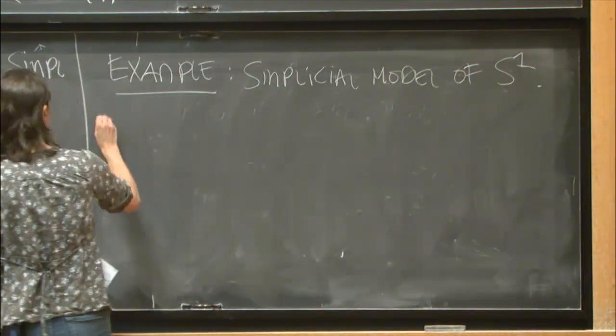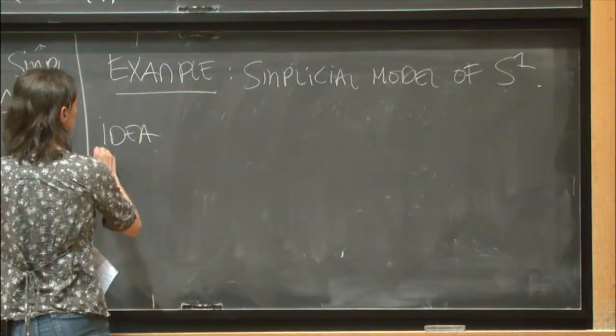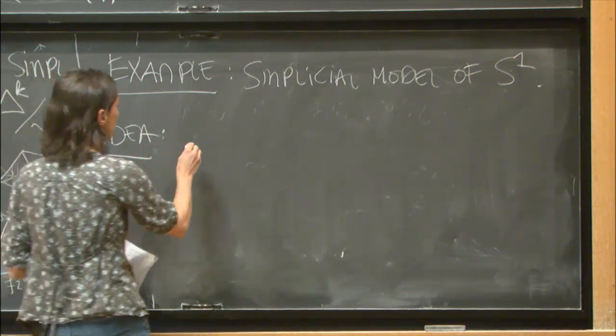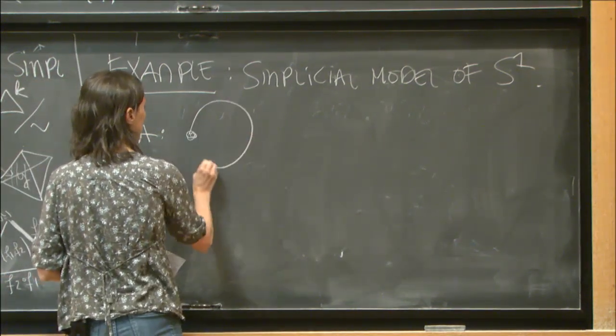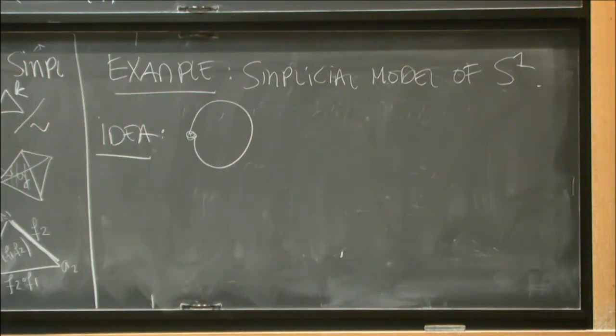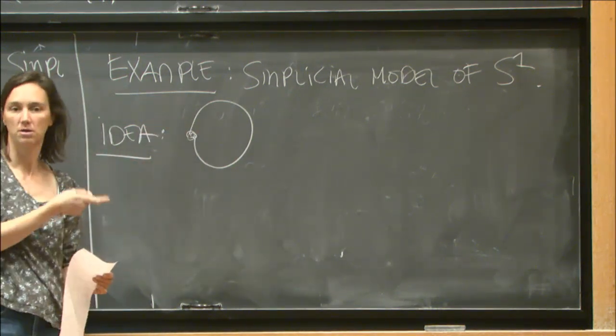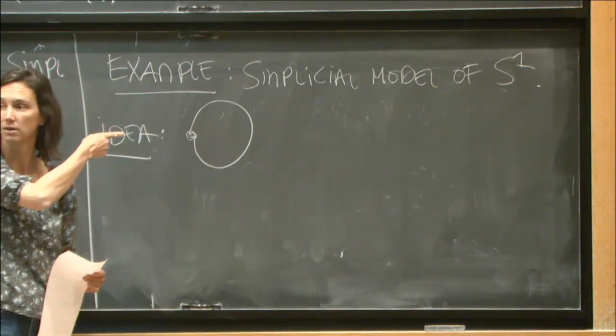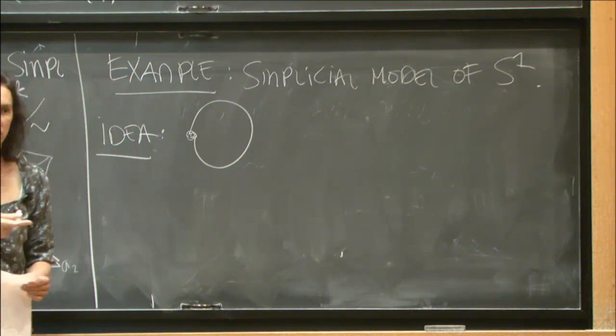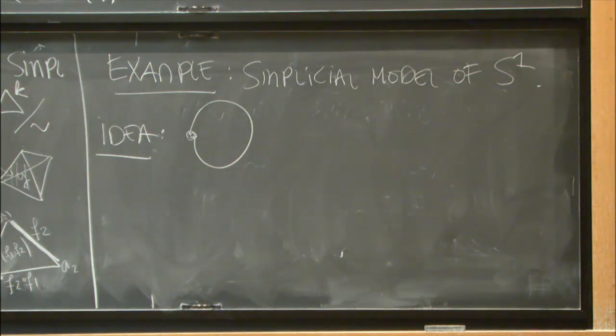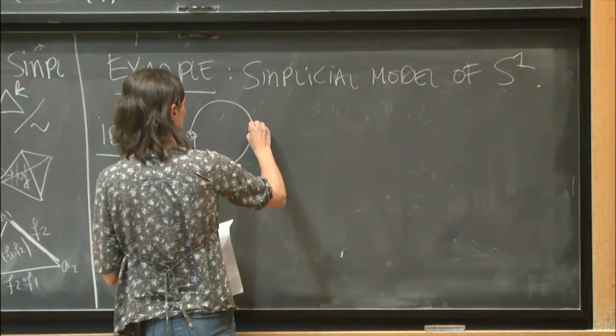So what's the idea? We're going to pretend we have a category. What does S1 look like? Well, S1 looks like this, right? If I had to give you a cell decomposition of S1, that's what I would do. I would take one point and one one-dimensional cell. So we'll try to do this as a simplicial set. And I'm going to think of this as a category.